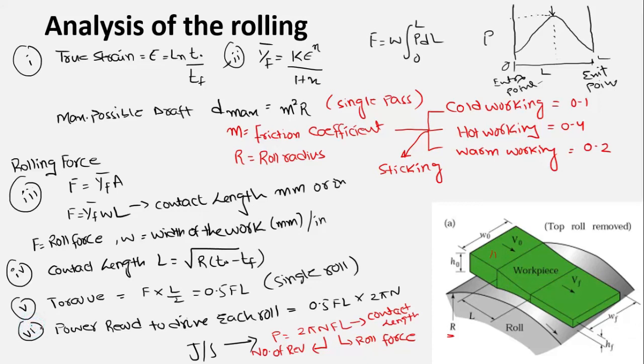So these are 6 parameters used to analyze the rolling operation: the strain that is required to be produced, the consequent flow stress required to produce this strain, then the rolling force required to produce such stress values, and the contact length based on the radius of the roll and the thickness of the work part. Then the torque produced because of this contact length and the force exerted, and finally the power required. So this is the simple analysis for the rolling operation.